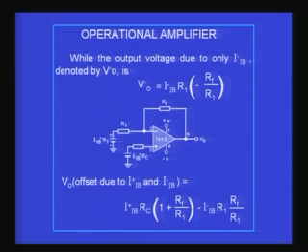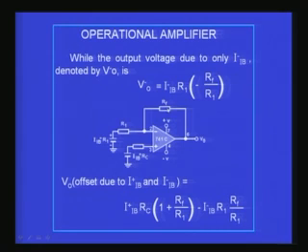What about the inverting terminal? If you want to look at the contribution due to IIB minus, that I call VO minus. The output voltage VO minus due to this current is equal to IIB minus into R1, which is the voltage actually available at this point. The current into the resistance gives me the voltage, multiplied by the gain of the amplifier.